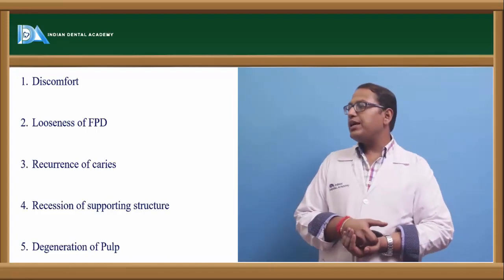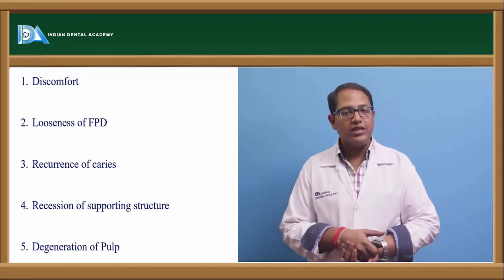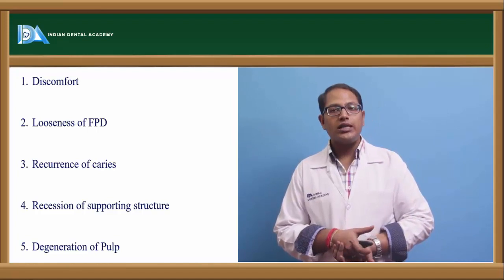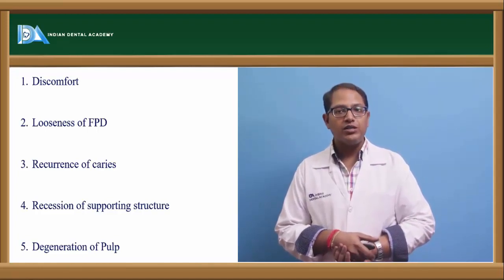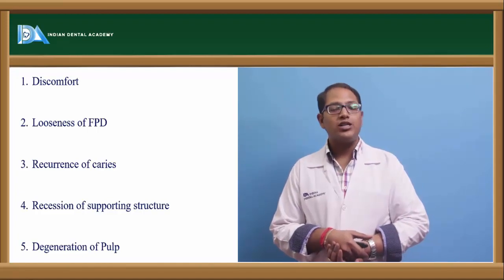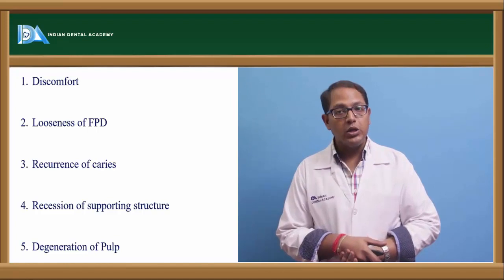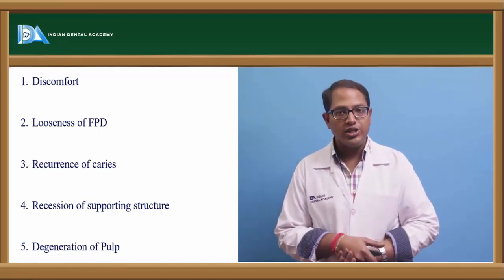Now there can also be recurrence of caries. What all should we expect with recurrence of caries? That is open margins, and short castings. Overextension of the margin can also lead to caries, and a retainer becoming loose is another important factor that we need to keep under consideration.